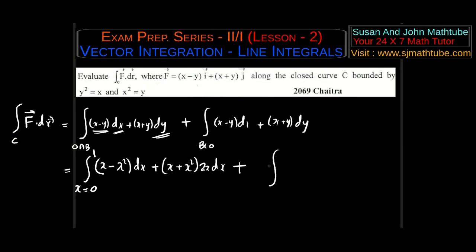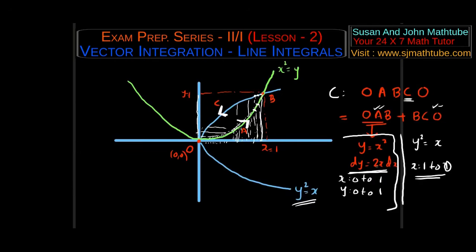Plus the integral. If I want, I can convert everything into x or y, or half into x and half into y. But I feel converting into y is going to give me more advantage. So look at this. When I move from here to here in this path, I have to focus on the y-axis. We start from y equal to 1 and end up with 0.